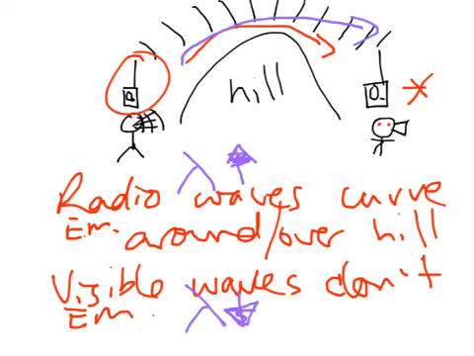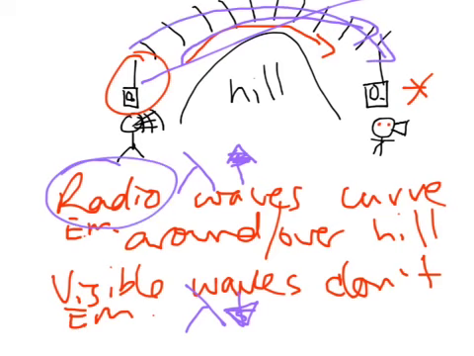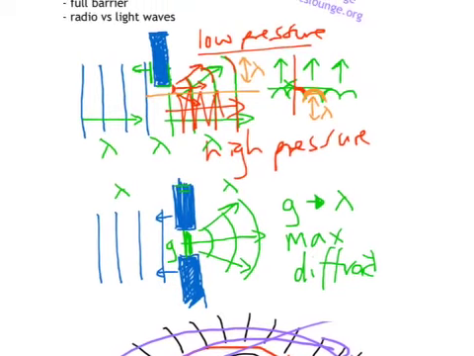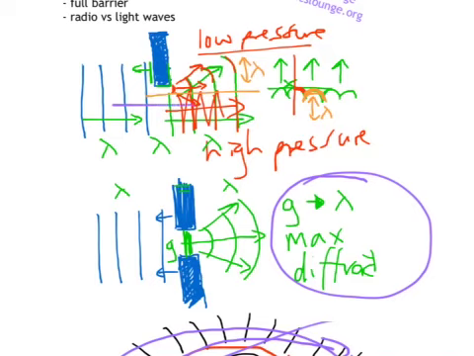So the visible light travels in straight lines as far as we're concerned, but the invisible electromagnetic radiation in the form of radio waves can bend around the hill. And it's due to this diffraction idea here, with the gap size or the wavelength size giving it the ability to diffract around there. Very cool.